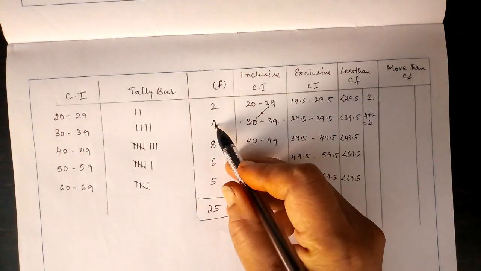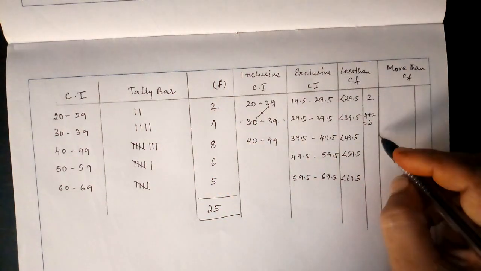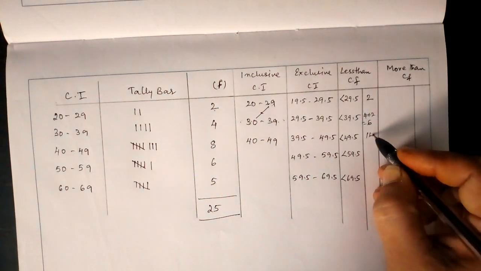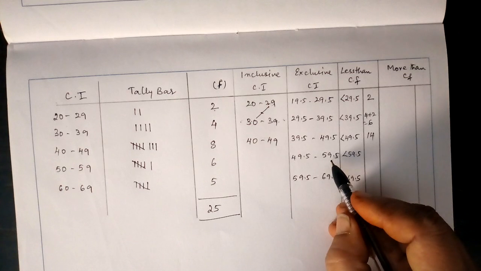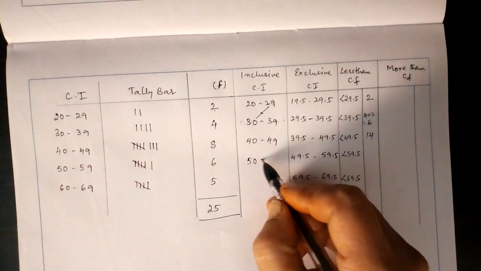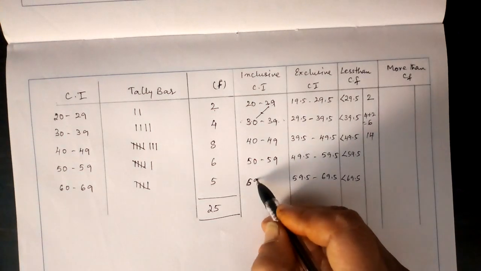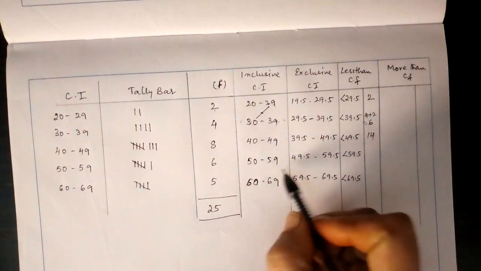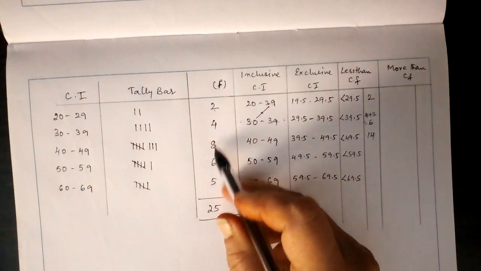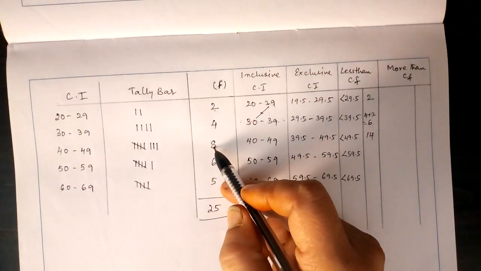So 8 plus 4 plus 2. So that will give us 14. In this case, it will be 6 plus the rest of them. So this we already found to be 14.